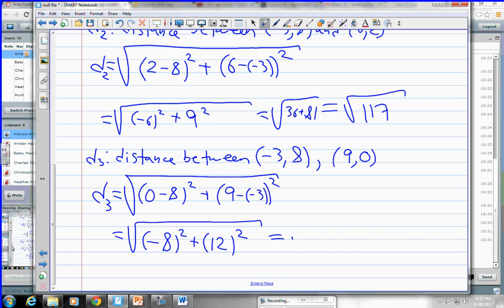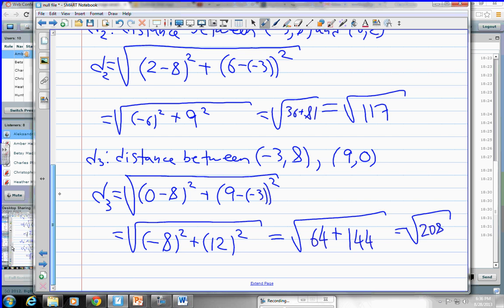Square root of 64 plus 144. 144. Are you sure? Yeah, I'm sure. Yeah, that looks good. And what is that? 12 squared. 208? Yeah, I think that's right. 208. Okay?